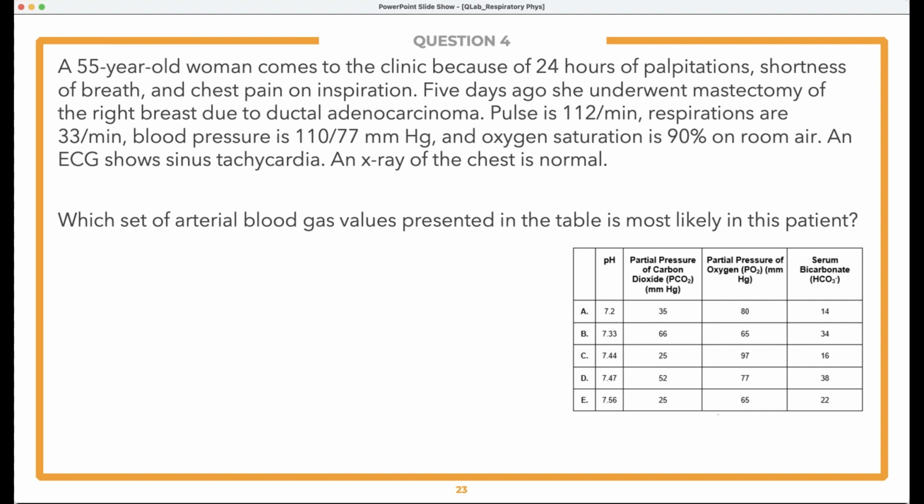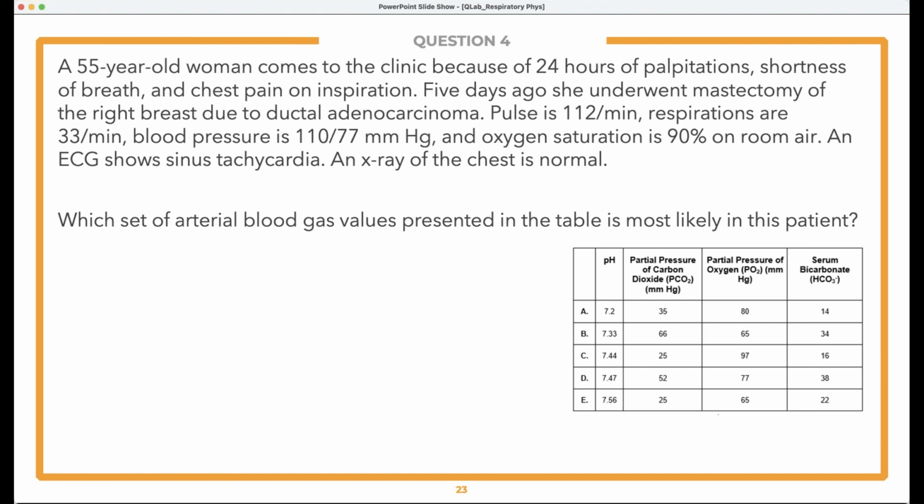An ECG shows sinus tachycardia. An X-ray of the chest is normal. So again, which set of arterial blood gas values presented in the table is most likely in this patient? And with that, I'm going to turn it over to Abraham.